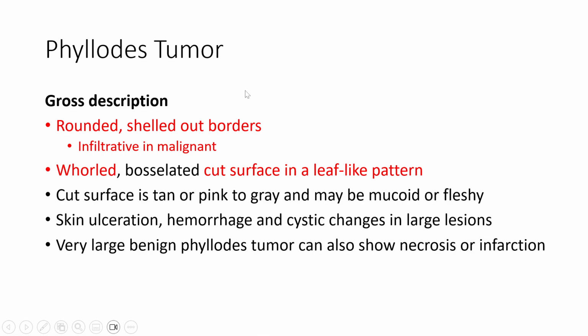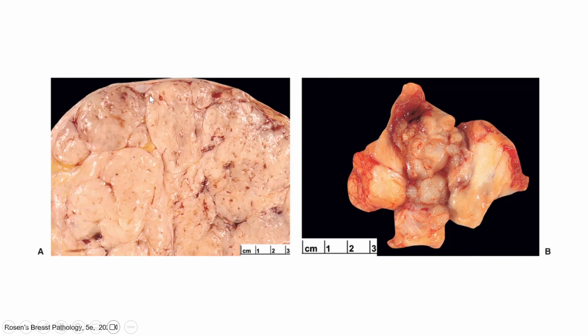The gross finding is usually similar to fibroadenoma, but you may see some leaf-like pattern. So this is phyllodes. We can see this leaf-like pattern, but still really well demarcated. So this is still a benign phyllodes.